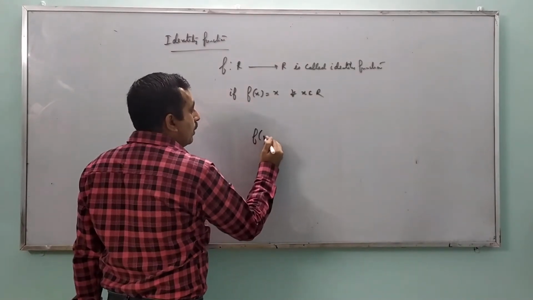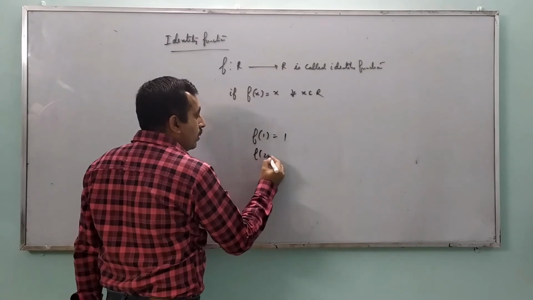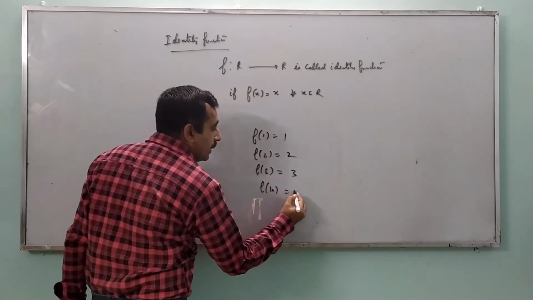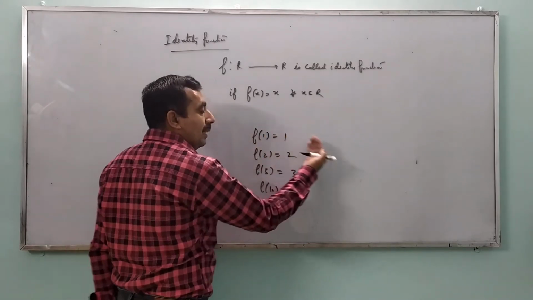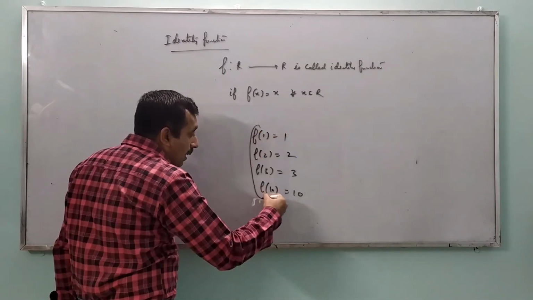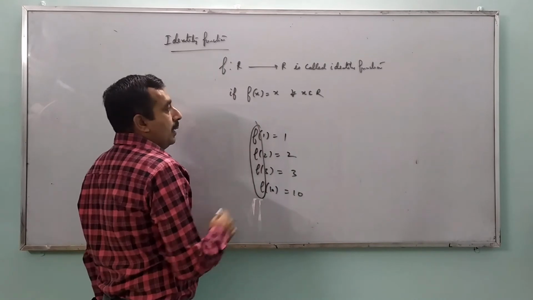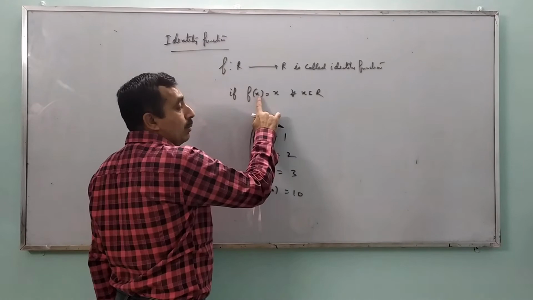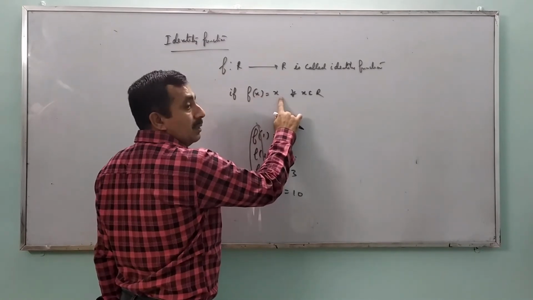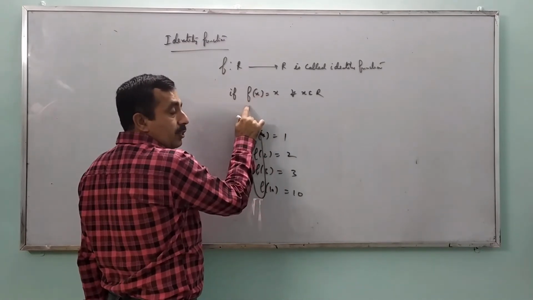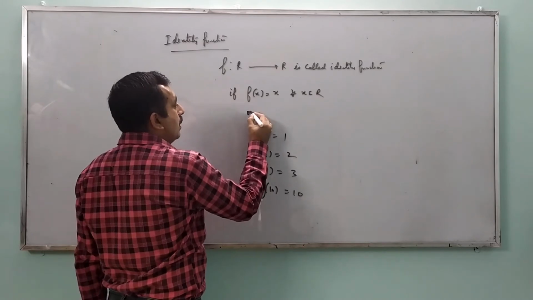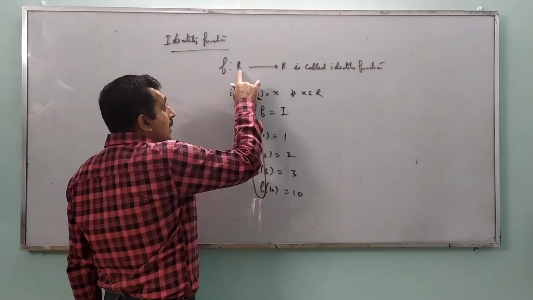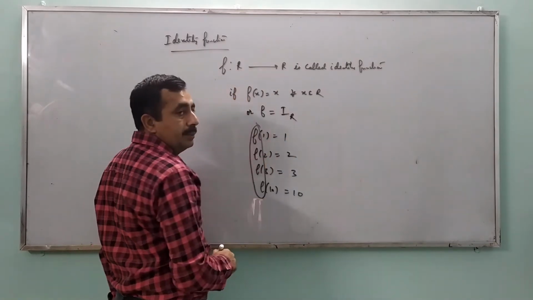If it operates on 1, the answer is 1. If we operate on 2, the answer is 2. On 3, the answer is 3. On 10, the answer is 10. For every number we are getting the same answer. Then this function is called an identity function. If a function operates on any number and we get the same answer, then that function is called an identity function, and we can write it as f equal to identity function. And if the set here is R, it is identity on R.